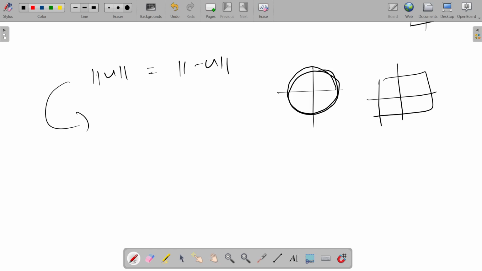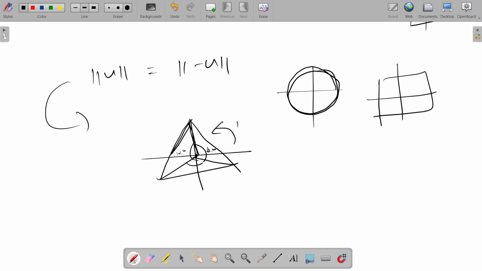But in the case of an equilateral triangle, let's say we have this, each angle is 120 degrees. Now this is not 180-degree centrally symmetric. If we rotate it by 120 degrees, we will get the same shape.